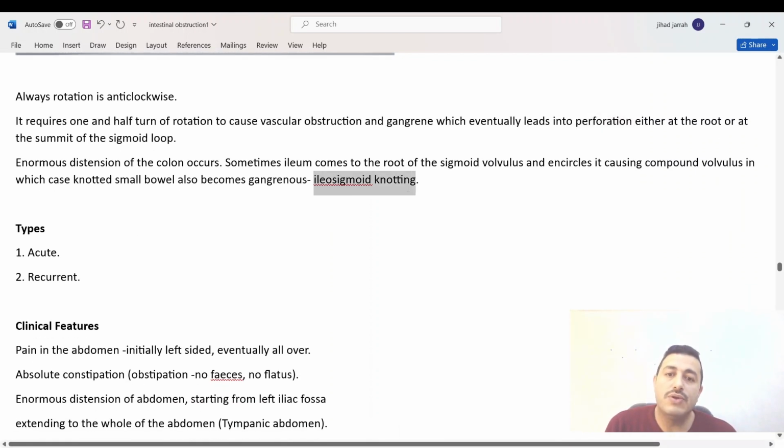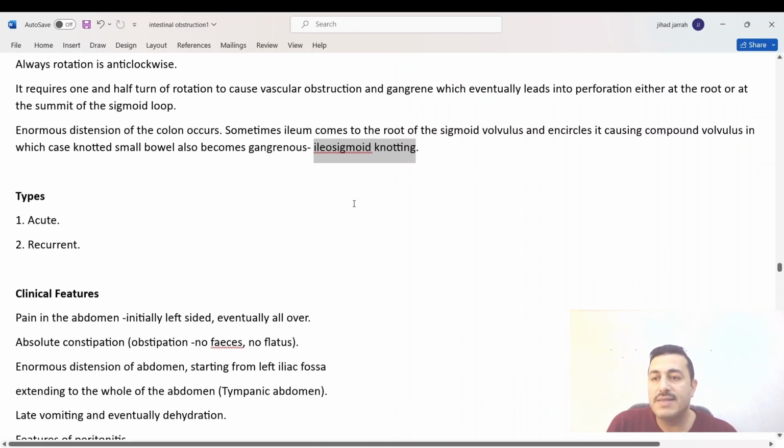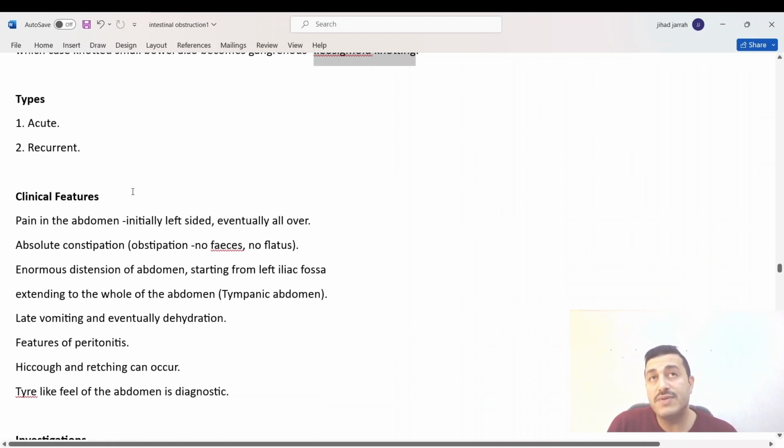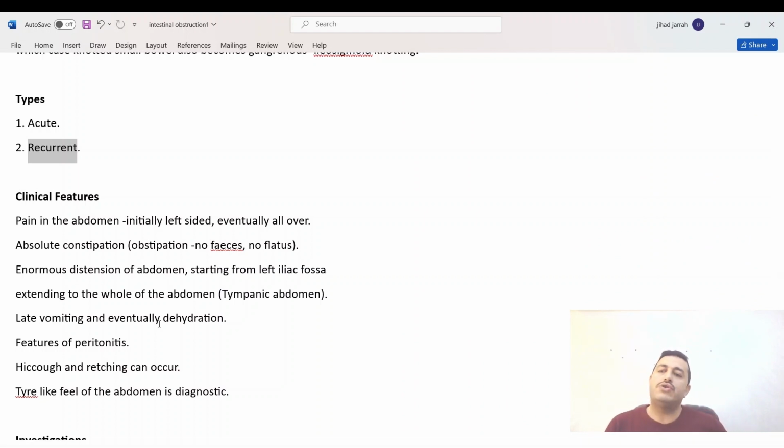The ileosigmoid knotting, I will show you a picture in the next few minutes. What does ileosigmoid knotting mean? It's a different entity. Sigmoid volvulus can present as acute or recurrent, and this will give us the acute on chronic picture.